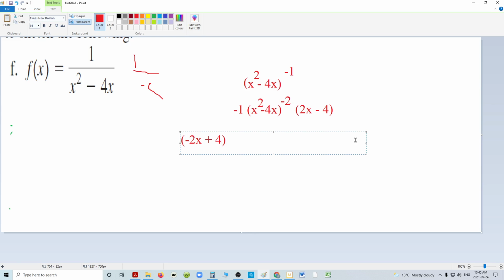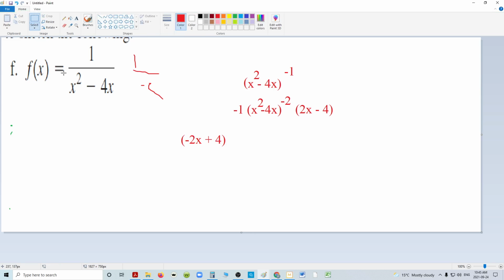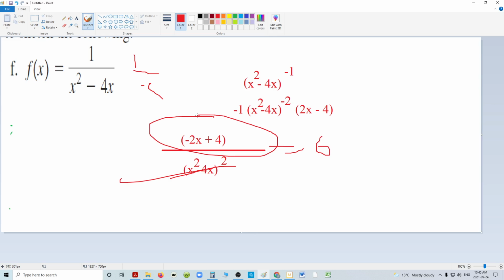And all of it over this squared. And not negative anymore because I put it back down into the denominator. Like that. It's clear to me if I make this equal to 0, and you just ignore this part, that this, I totally screwed up, is x is equal to 2.